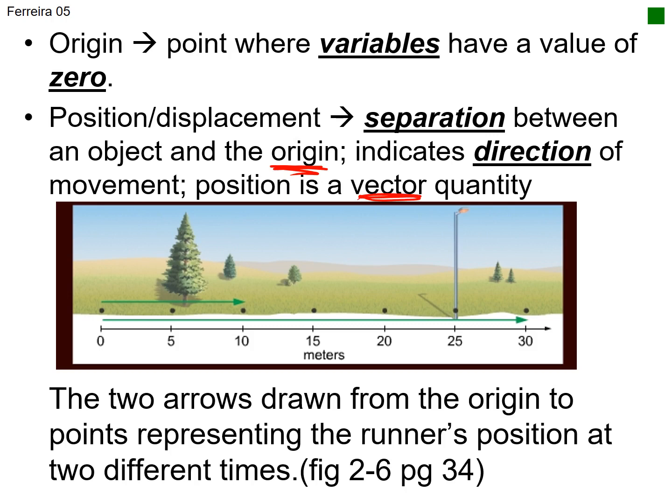So the two arrows drawn from the origin to points represent a runner's position at two different times. So let's say this top arrow is at time 2 seconds, and over here, let's say 1, 2, 3, 4, 5, 6. Let's say that this is time 6 seconds.